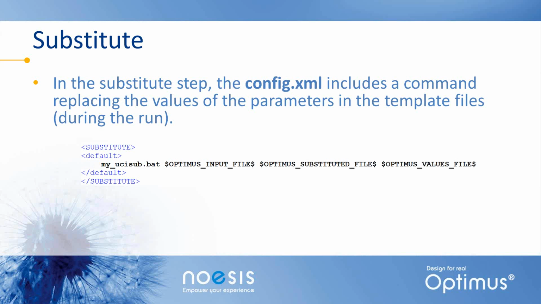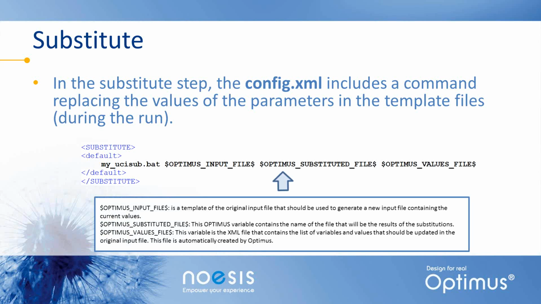What the substitute does is replace the value of the parameter in the template file during the run. So again, we have a file that is the input template. Then we have a list of values that is coming from the workflow. That is the list of values that we want to substitute. And finally, the file with the current values.